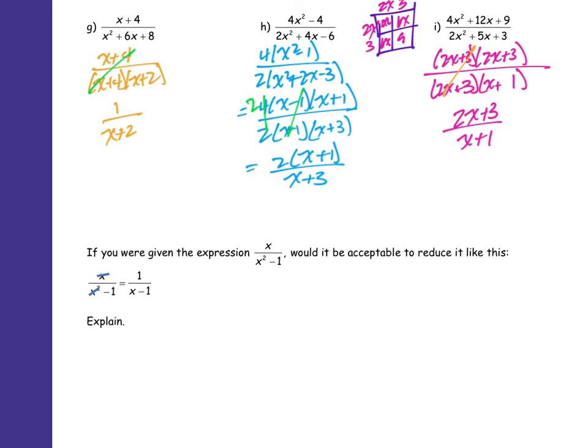Okay, great. So if I was just to look at this, x over x squared minus 1, the bottom factors to x minus 1 times x plus 1. Is there any ones I can make in there, where it's the same on the top and the same on the bottom?